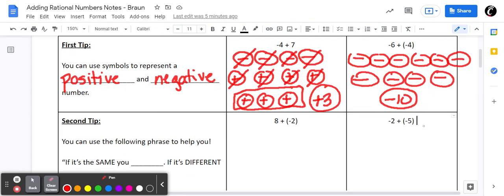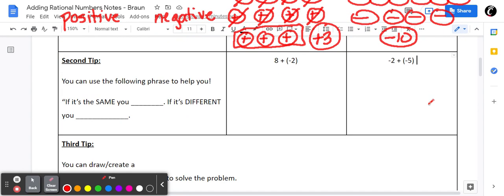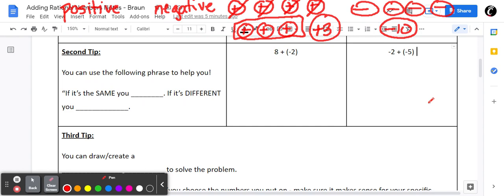Okay, let's take a look at our second tip. Our second tip says that you can use the following phrase to help you. If it's the same, you add. If it's different, you subtract. Okay, so same you add, different you subtract. You're going to hear us say that a lot as we are working with our positive and negative numbers.